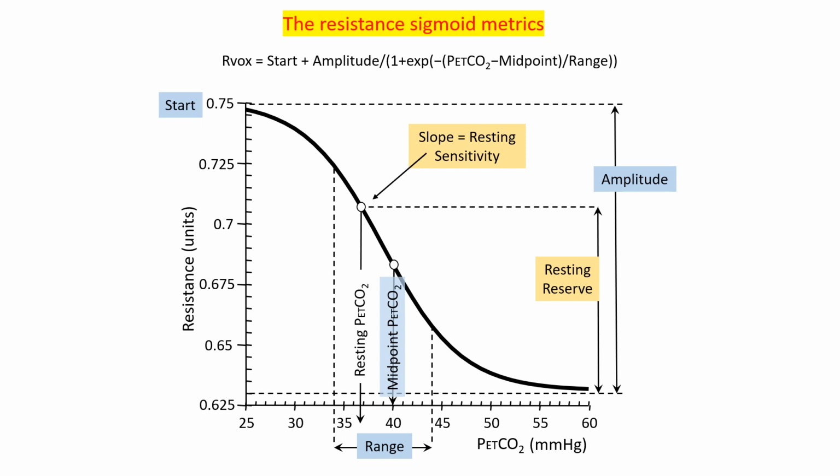Range is a measure of the carbon dioxide range over which the resistance response is linear. Sensitivity at the resting carbon dioxide partial pressure is an alternate measure of the resting state CBR, only in terms of resistance. And reserve at the resting partial pressure of carbon dioxide is a measure of the vasodilatory reserve in terms of resistance.